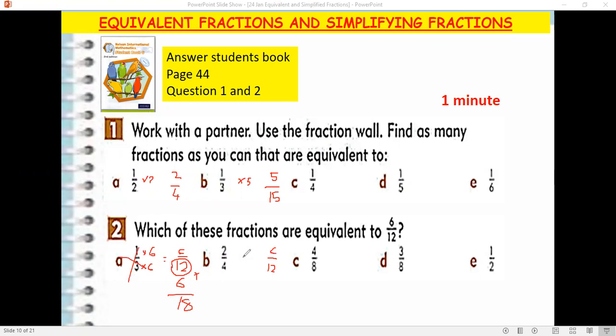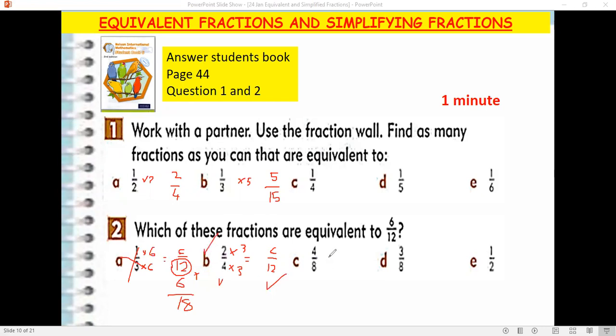So this one, letter A, is not equivalent to 6/12. Let's try letter B. What should I multiply in 2 to give me 6? 2 times 3, 4 times 3. Let's check now. 2 times 3 equals 6. 4 times 3 equals 12. So therefore, 2/4 is equivalent to 6/12. So this one, B, is yes.